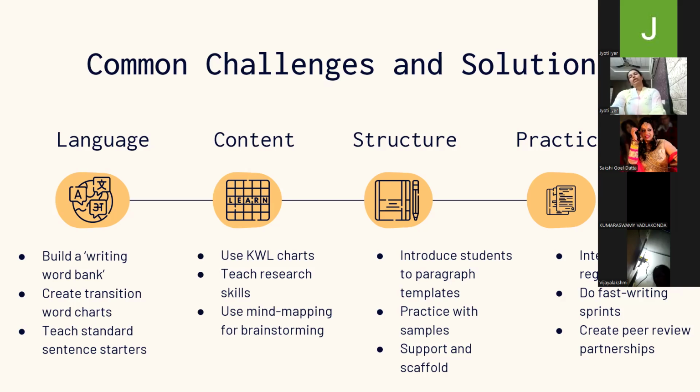And finally, create peer review partnerships. Now here I would make this very, very clear. Do not create peer review partnerships where one child is way above the other in their ability. The reason I'm saying that is often teachers do this because they think, oh, A will help B. But what does A gain out of this partnership? Absolutely nothing.